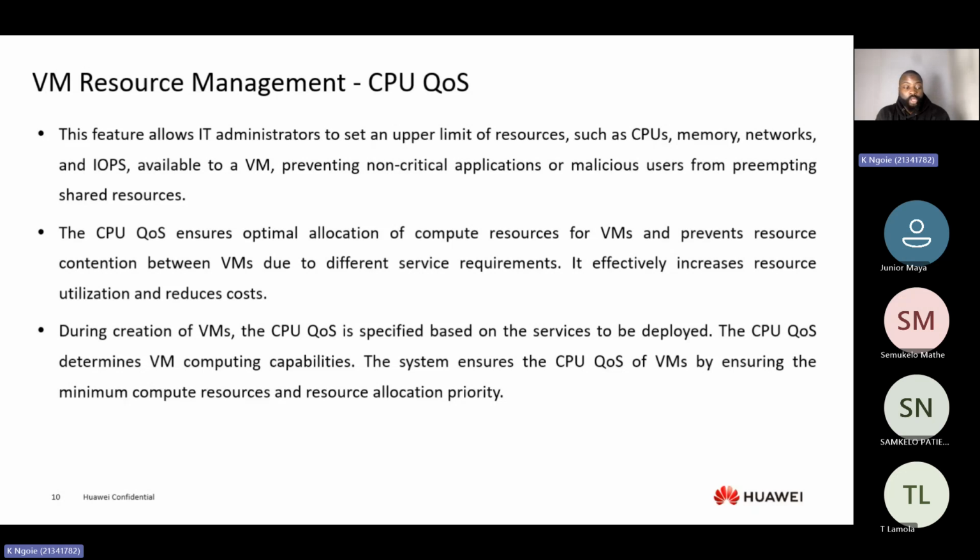A CPU can't be used at 50% by one virtual machine while you have maybe 10 virtual machines. So the CPU QoS parameter sets the upper limit for resources, defining the maximum CPU that a virtual machine can use.